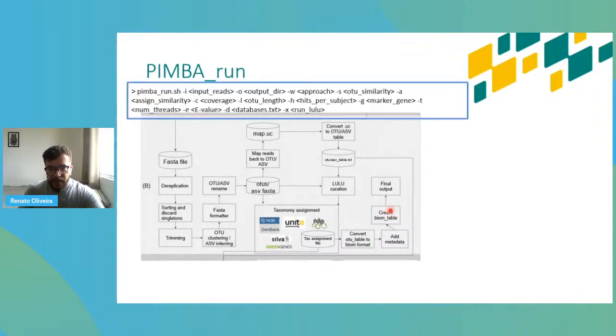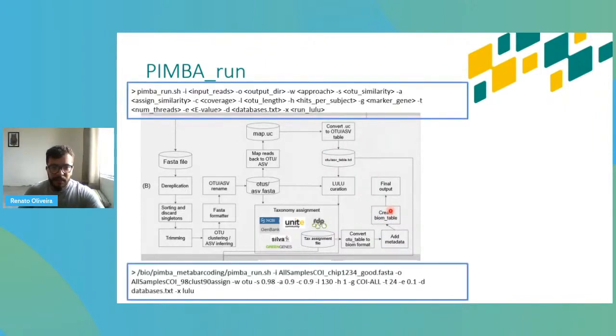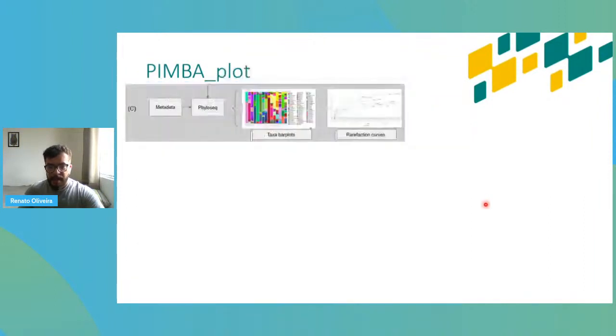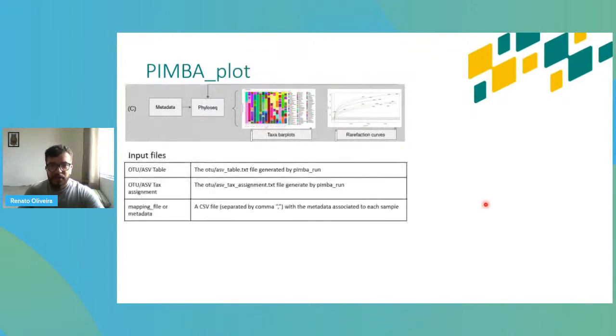This is an example of a command line that you could use to perform all this analysis. And here we have all the parameters. And with these results of the Pimba run, you can plot some basic images.